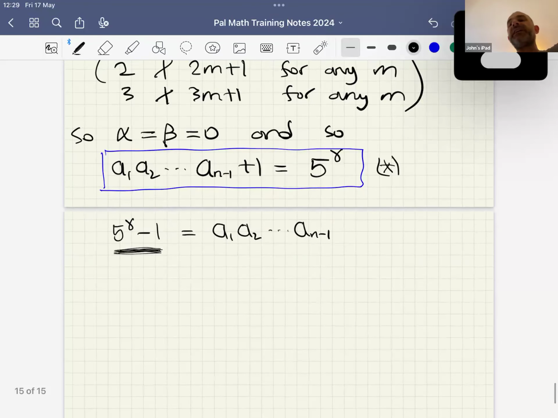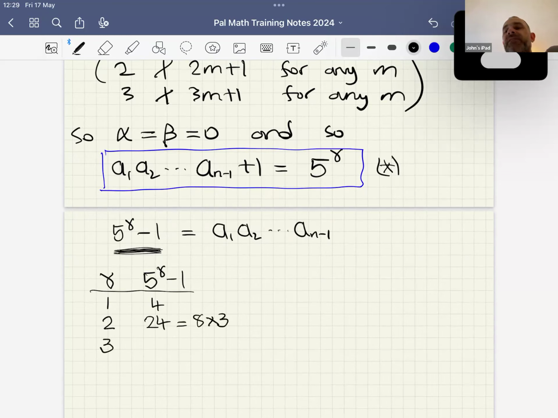Let's just have a look at some values of gamma, and then 5 to the gamma minus 1. So gamma is at least 1. If we take gamma equals 1, we get 4. Gamma equals 2, we get 25 minus 1, which is 24, which is 8 times 3.